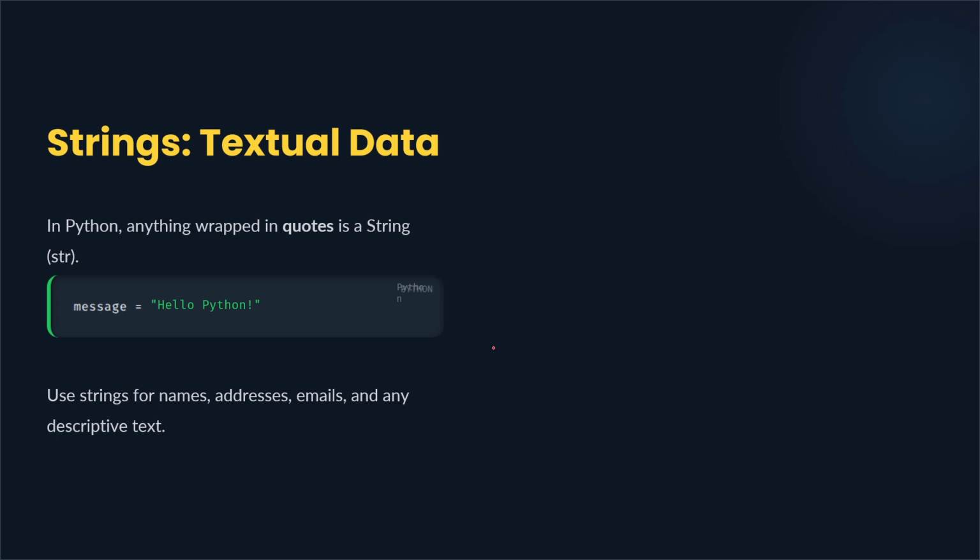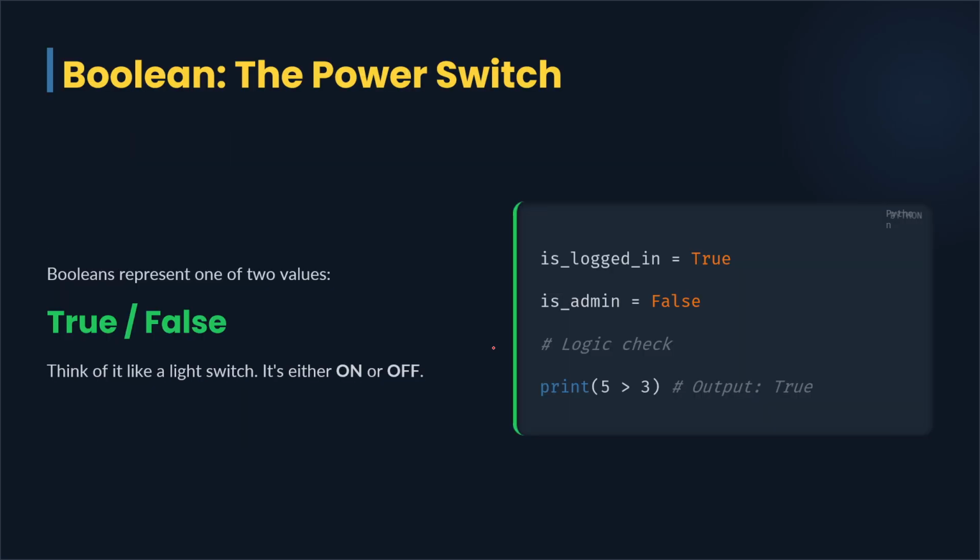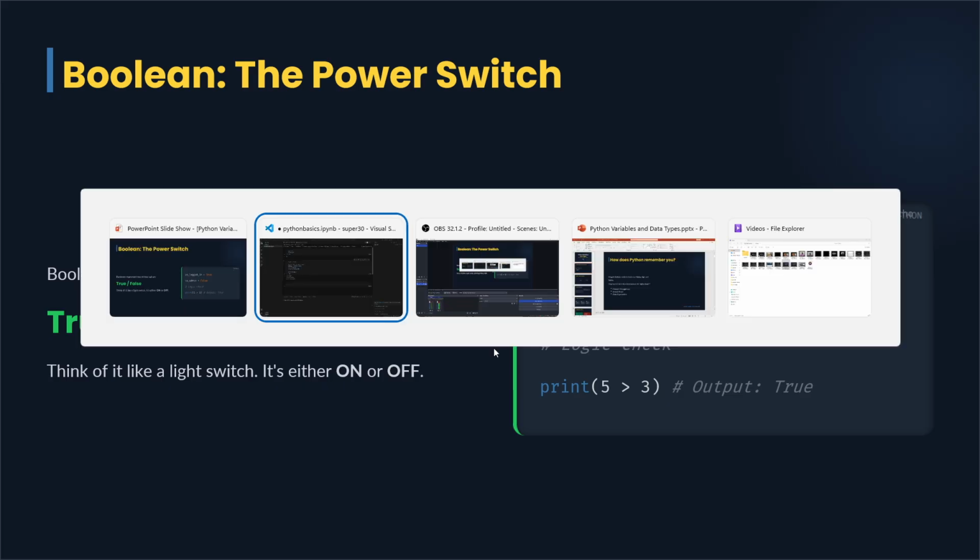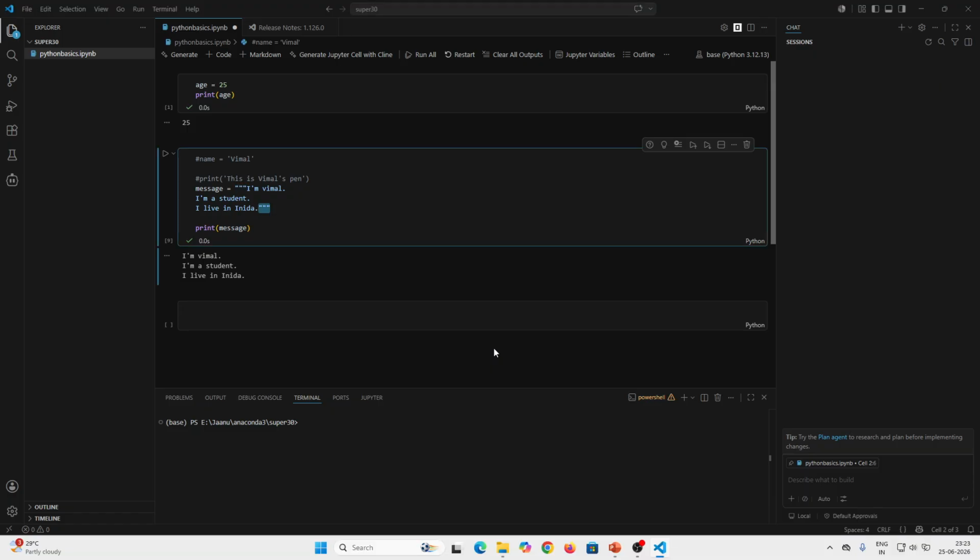Coming to the next concept. The next data type is Boolean type. We have only two values for Boolean, that is nothing but one is true and the second one is false. This is used in logical operations. I'll show you here. What is a logical operation? Say for example 5 greater than 3.